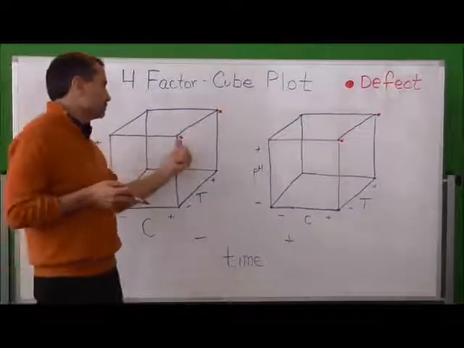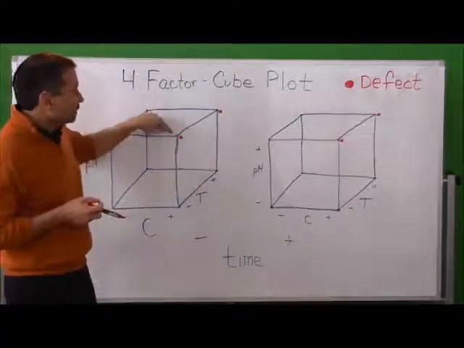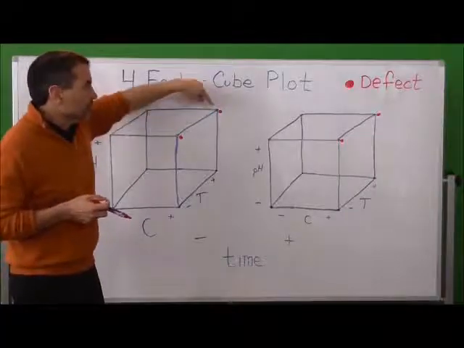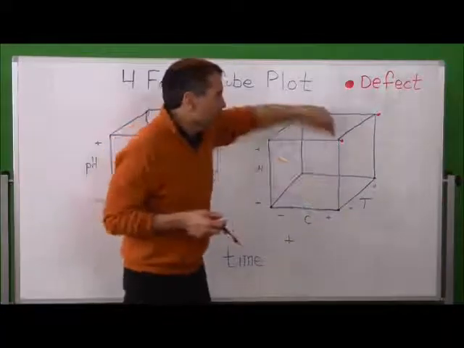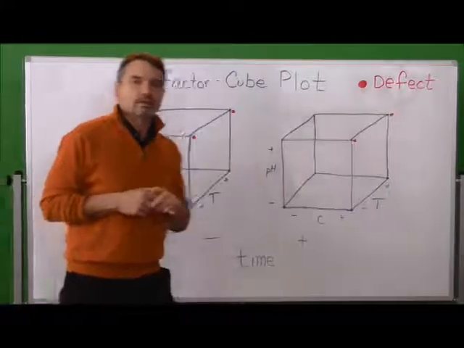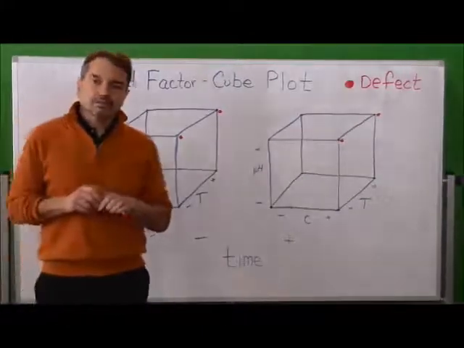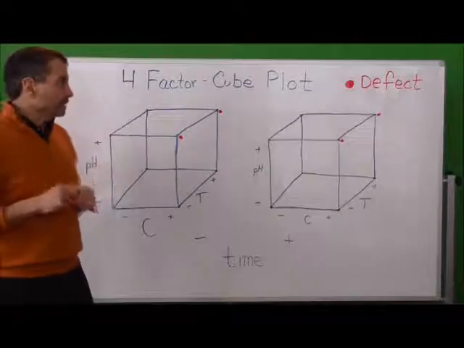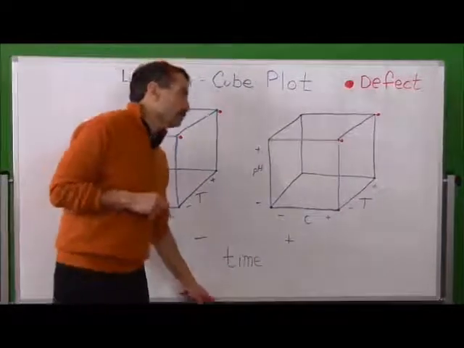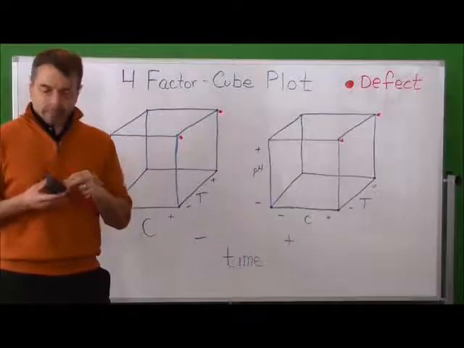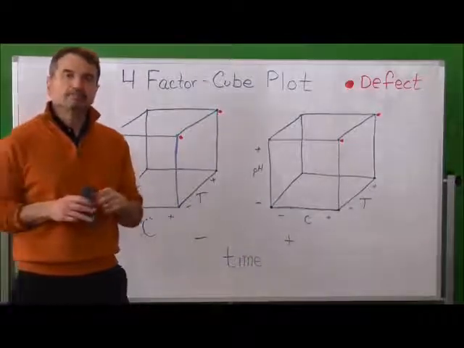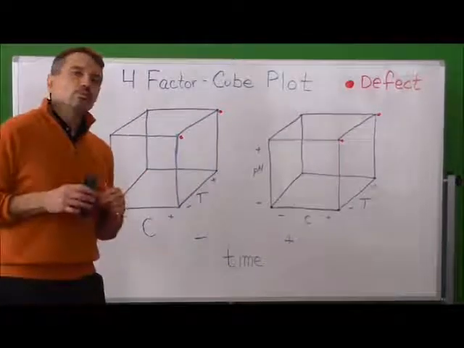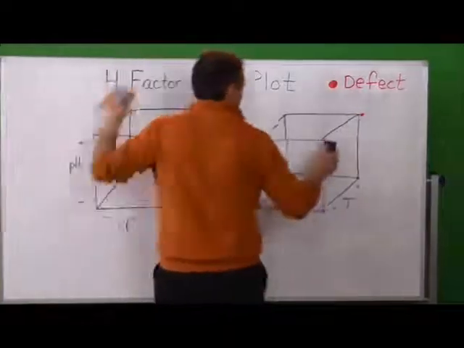As the temperature went from a negative here to a positive here, we still had the defect, and the temperature went from a negative to a positive here, we still had the defect. So that's a classic 2-way interaction that can be found off of a 16-run DOE.